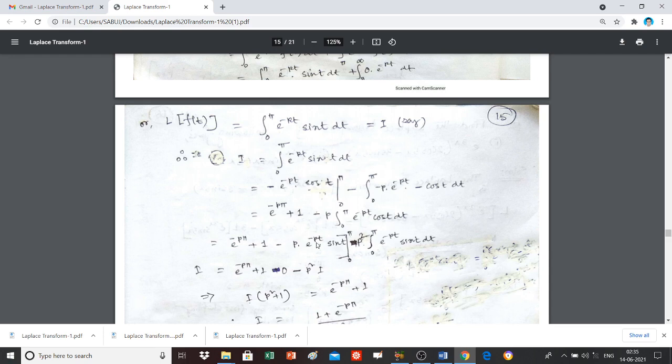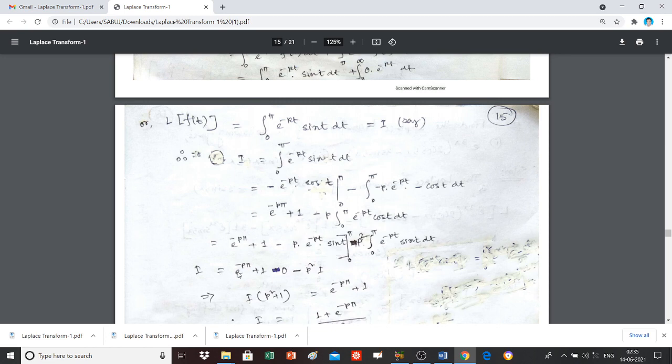So this minus and the negative sign that arises due to the formula of integration by parts, so there will be two negative signs, and differentiation of this will provide another negative sign. So three negative signs will give you finally a negative sign. So that is minus, and this p and differentiation of this will give another p, so that is p square. Then the integral from 0 to pi of e to the minus pt, and integration of this will give you sin t dt.